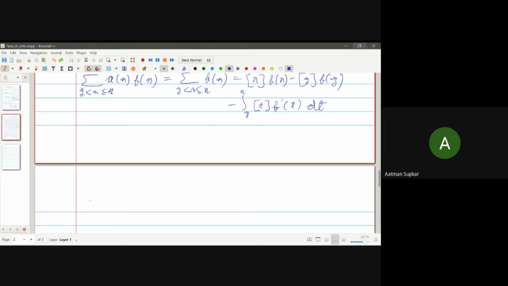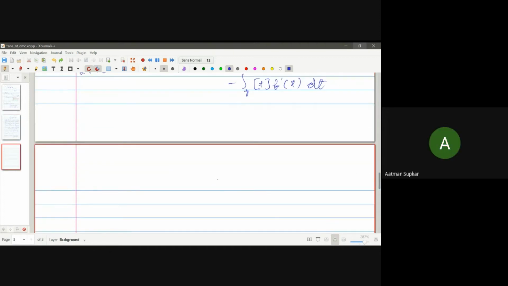Yeah, so what you do is integrate by parts to make this integral nicer. That's what I'm doing.